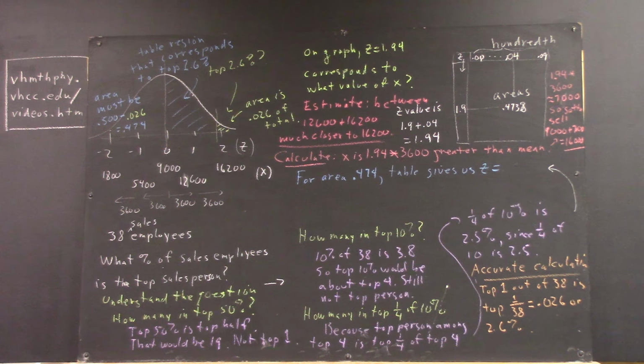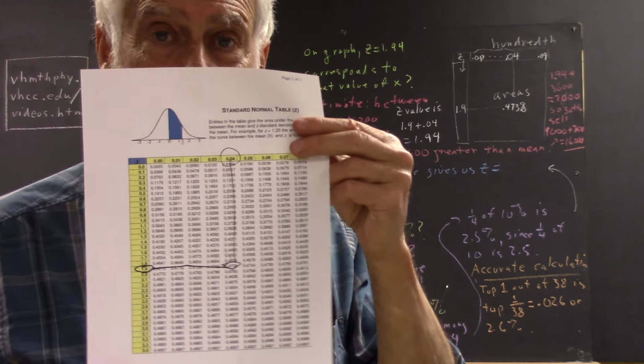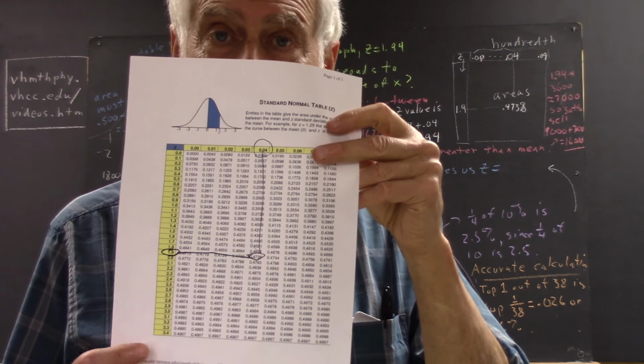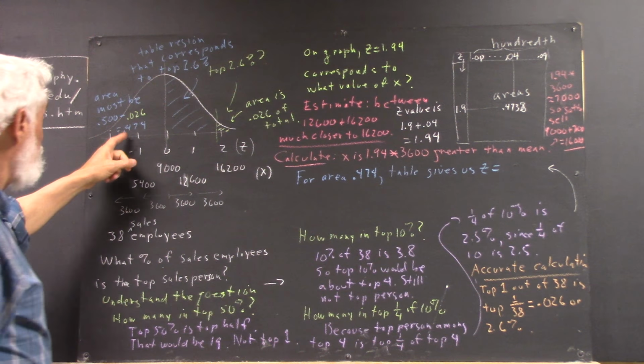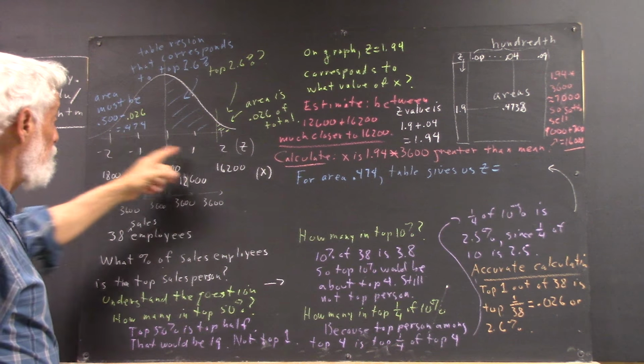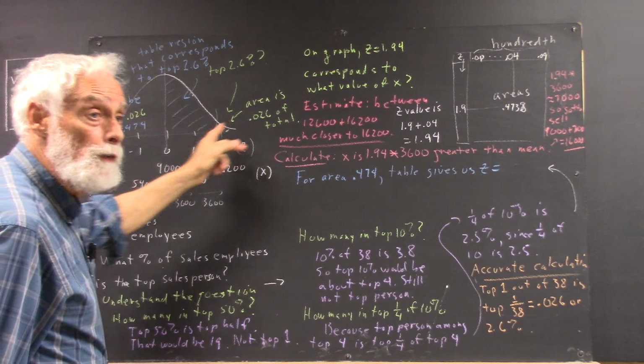Now, I used the z-table that you're going to have on the test, and it's here. What we do is we find area 0.474 and see what z-value goes with it. That's going to be our z-value for the top person.